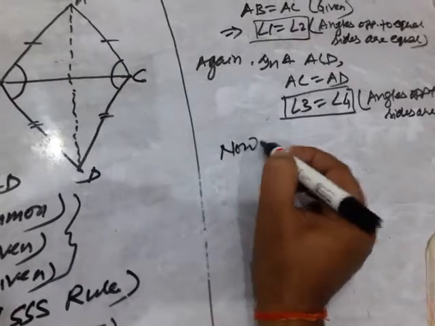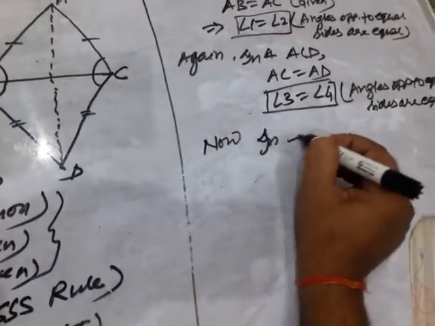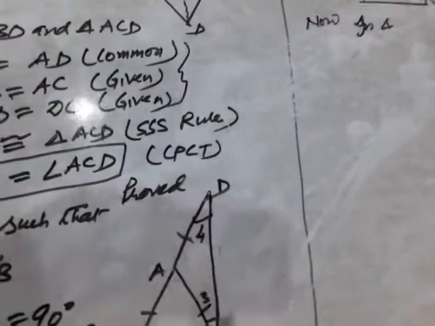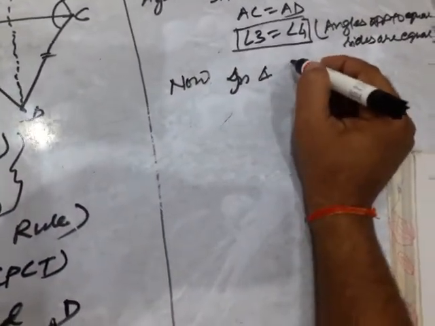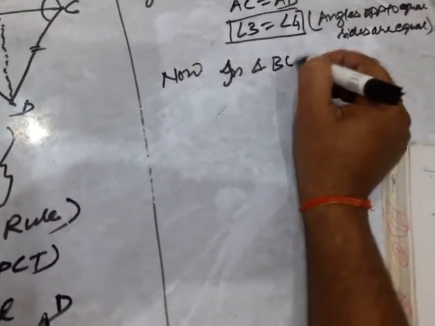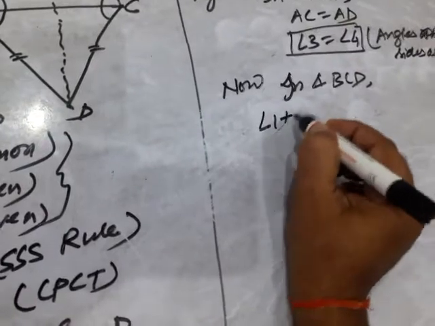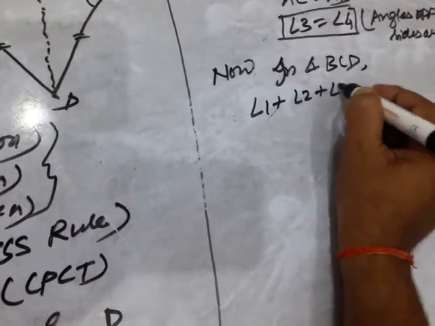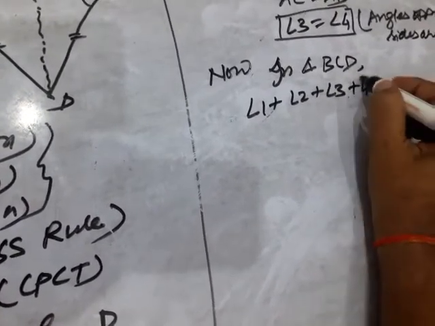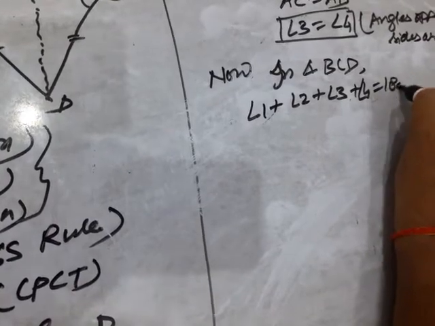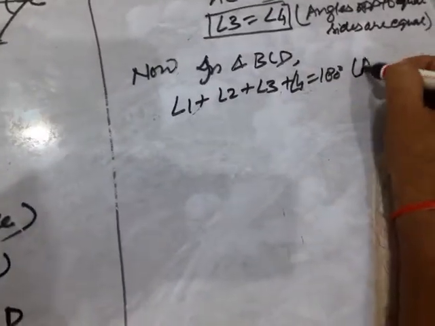Now in this bigger triangle, triangle BCD, what do we have children? Angle 1 plus angle 2 plus angle 3 plus angle 4 equal to 180 degrees by angle sum property.